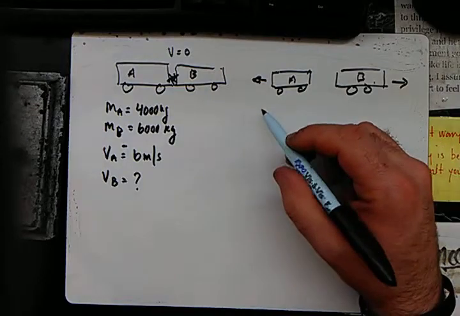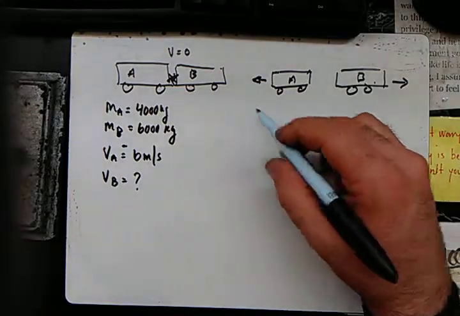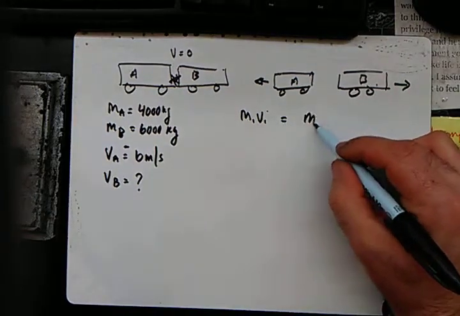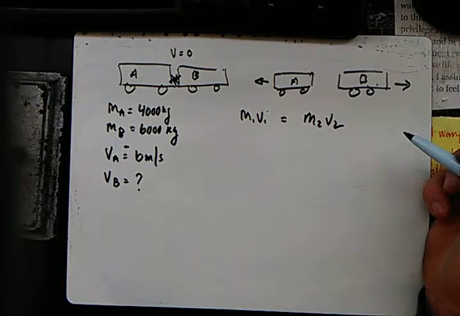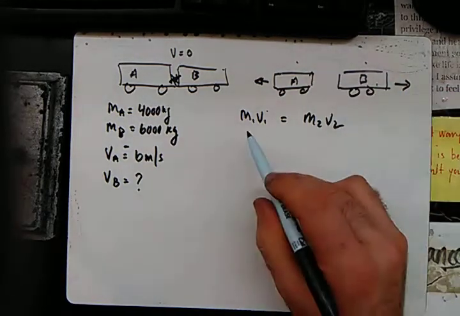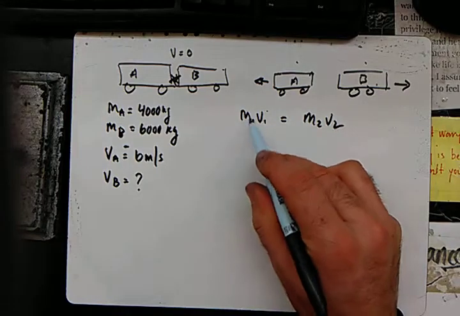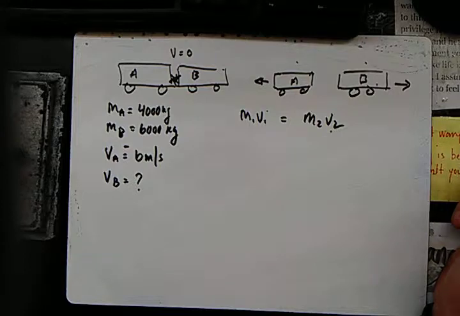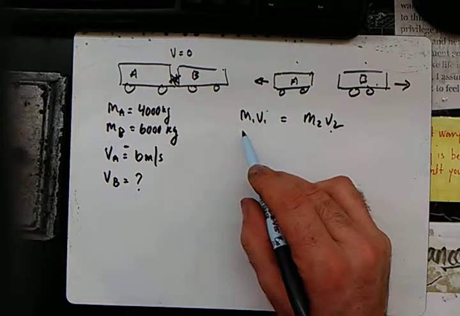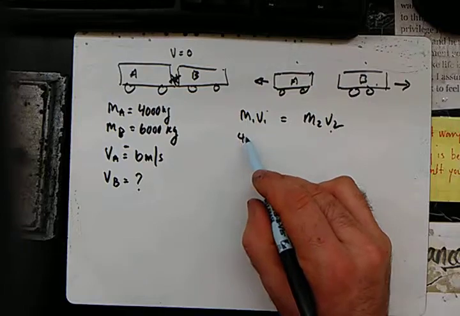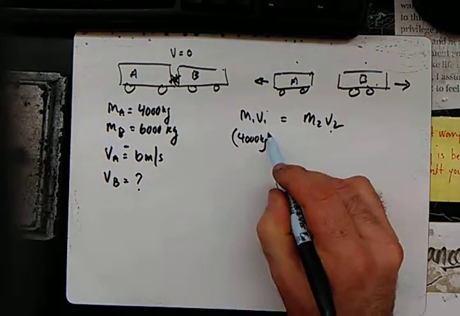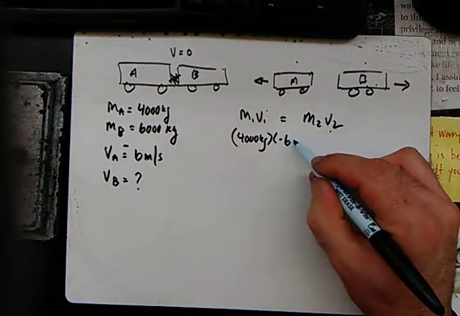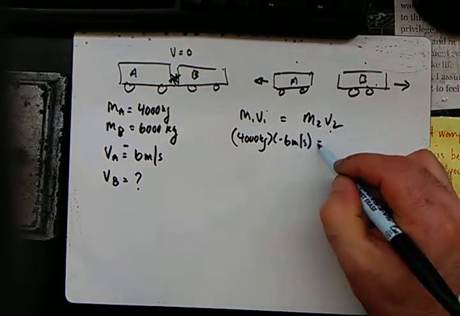Since M1 V1 is M2 V2, we can figure out what the momentum is based on this and figure out the velocity just like we did with the gun. So let's look at it. 4,000 kilograms, M1, times V1, which heads off at -6 meters per second.